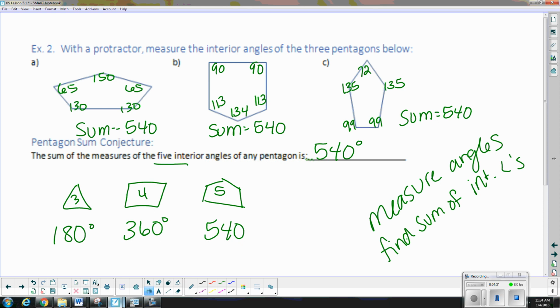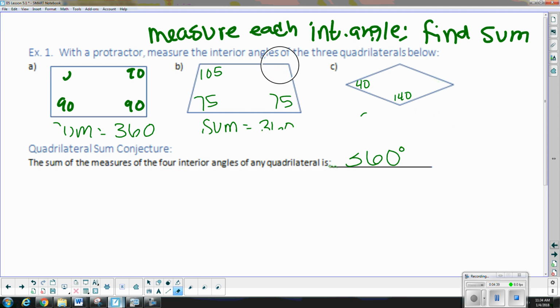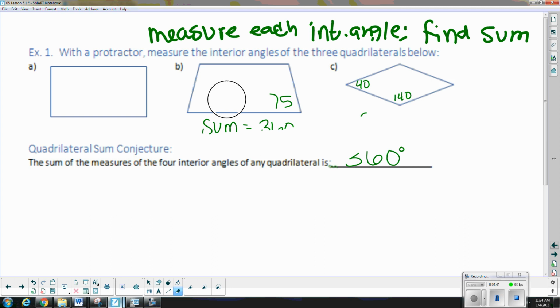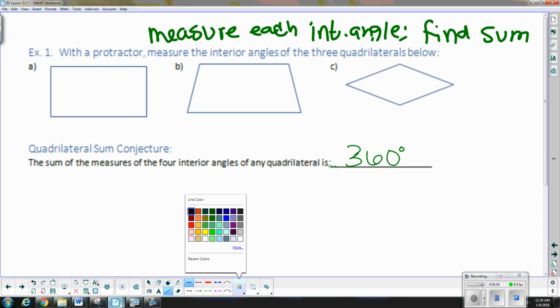So let's go back to our quadrilaterals for a second. I'm just going to erase all of my angle measures. You should have those down. And if we know a triangle has 180 degrees, we can use that to find the measure of the interior angles for a quadrilateral.